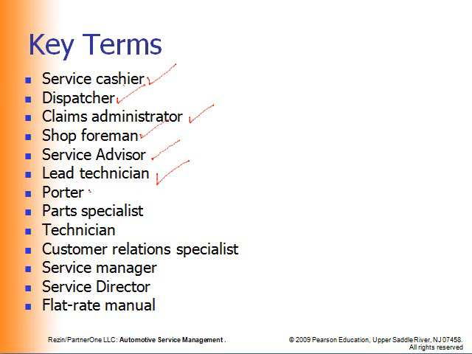Okay, the porter is the guy that moves and cleans the vehicle, and he assists in general upkeep of the vehicles. Of course, the parts specialist identifies, locates, provides, and properly prices out parts as needed by the service technician.